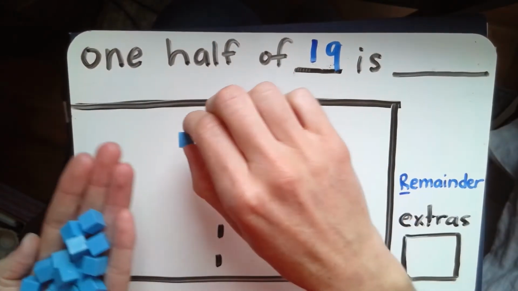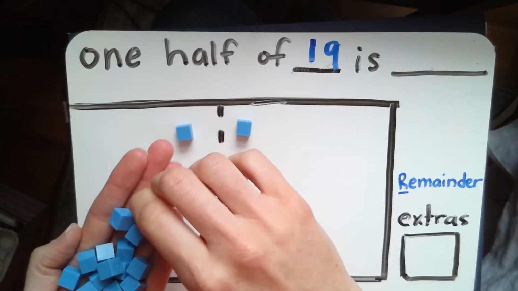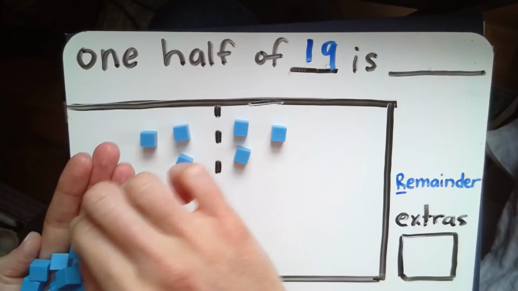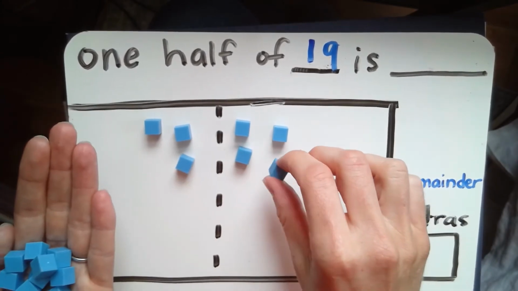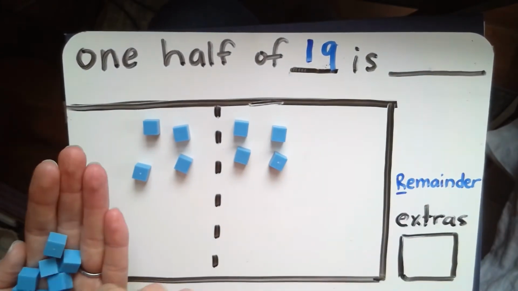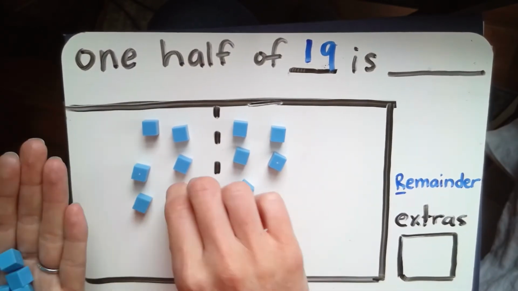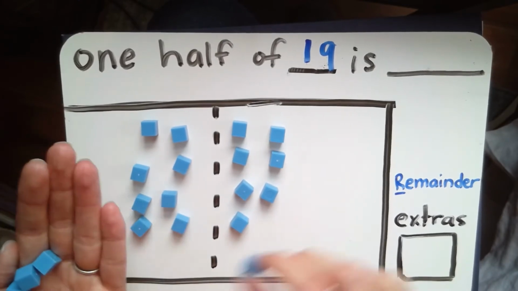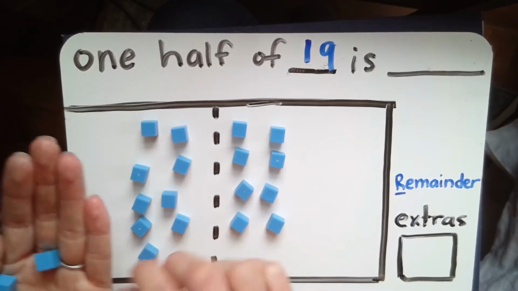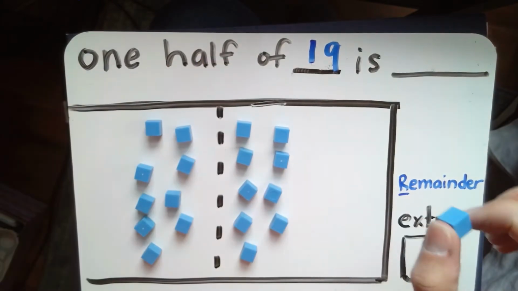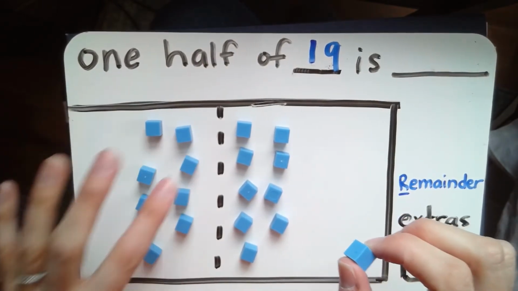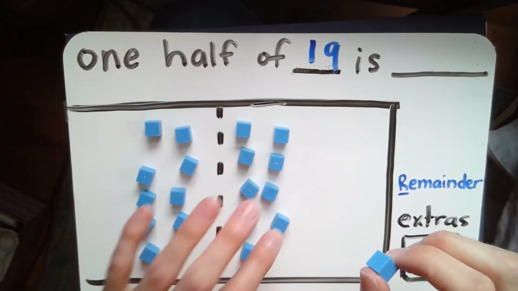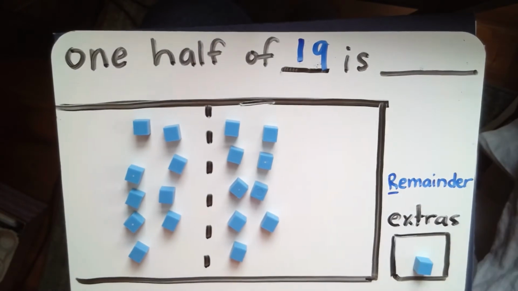So, let's start passing out. 1, 2, 3, 4, 5, 6, 7, 8, 9, 10, 11, 12, 13, 14, 15, 16, 17, 18. 1, 2, 3, 4, 5, 6, 7, 8, 9 on each side, and an extra.